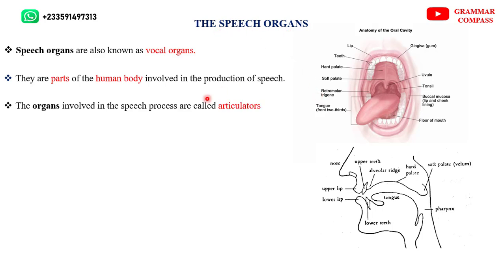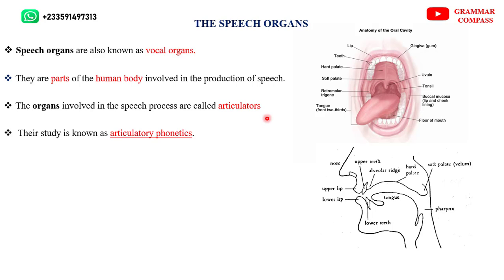The organs that are involved in speech, especially producing the speech, are called articulators. So in this study, whenever we mention articulators, we are referring to the organs that are involved in the speech process.